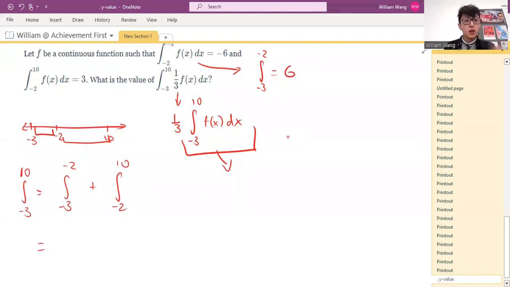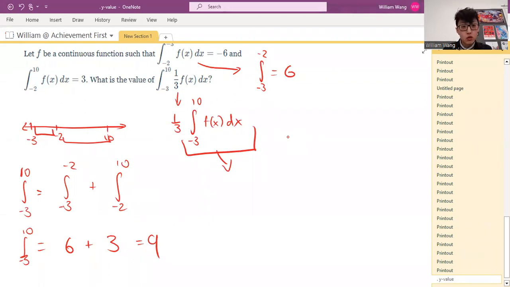That means my integral from -3 to -2, we said that was 6, plus my integral from -2 to 10 is 3. So that's equal to, I'll rewrite this, -3 to 10, it's equal to 9.